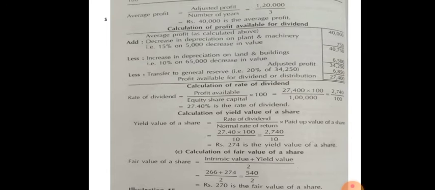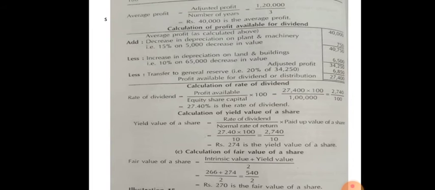So now the calculation of profit available for dividend. First of all we have to calculate for the dividend purpose. One more step is there in this fair value method. This average profit we calculated as 40,000. Now add whatever the decrease in values of the assets.